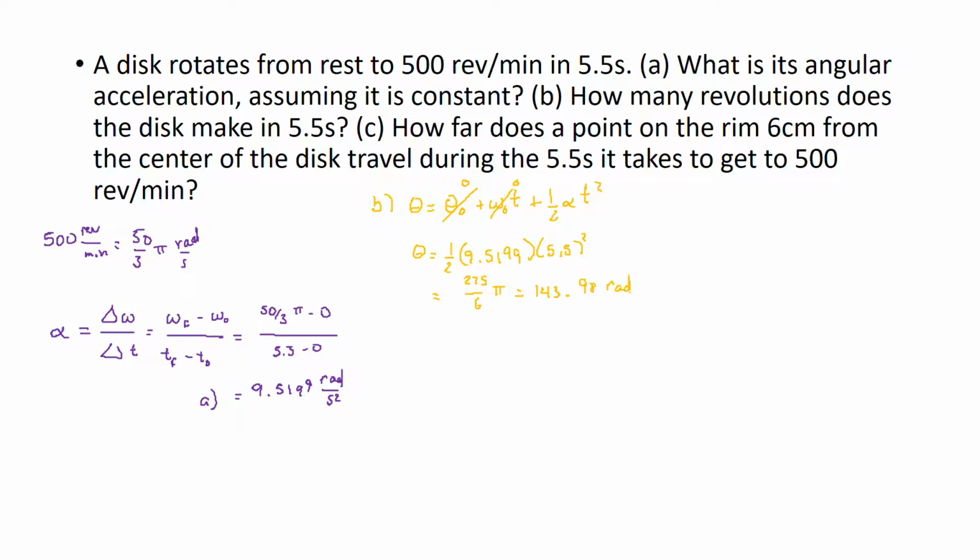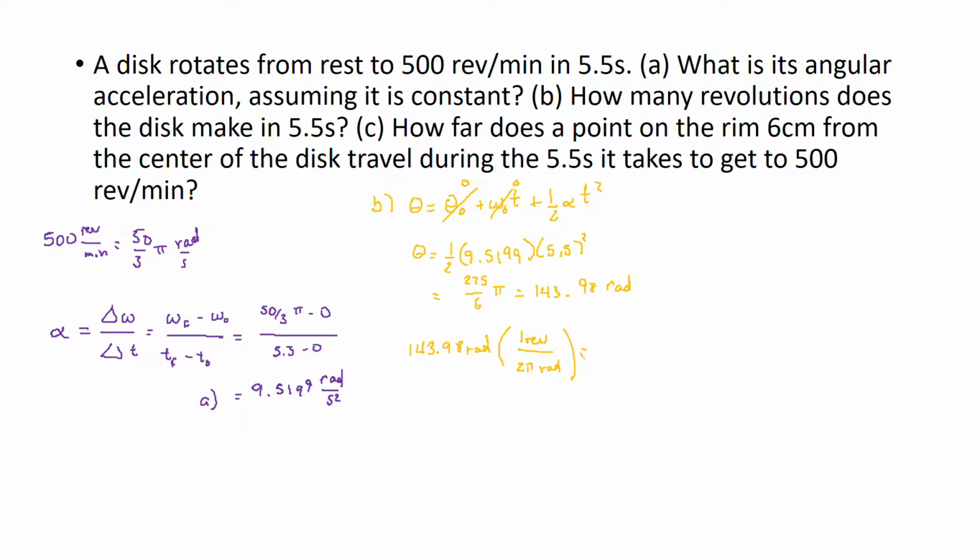I need to transform it into revolutions. How do I transform it into revolutions? Oh, that's very, very simple. We just need to make a conversion. I know that this is 143.98 radians. We know that one revolution is equal to 2 pi radians.